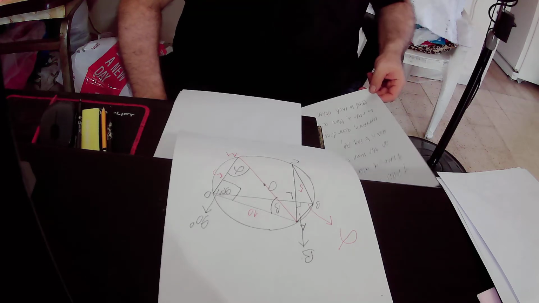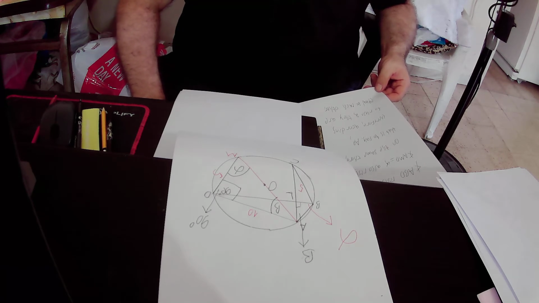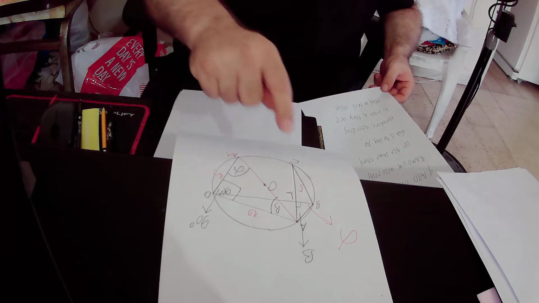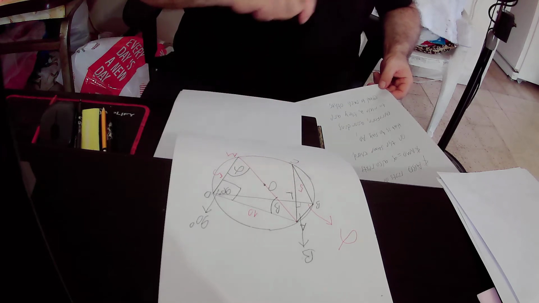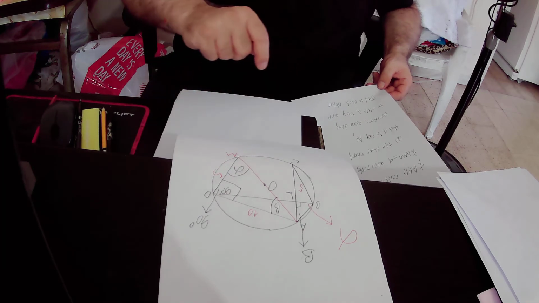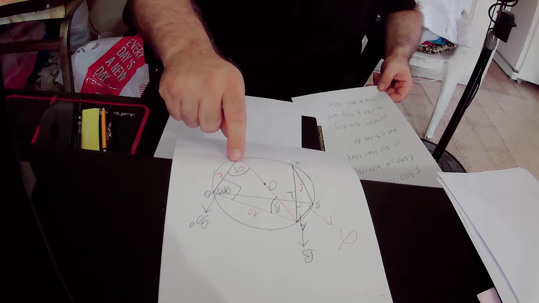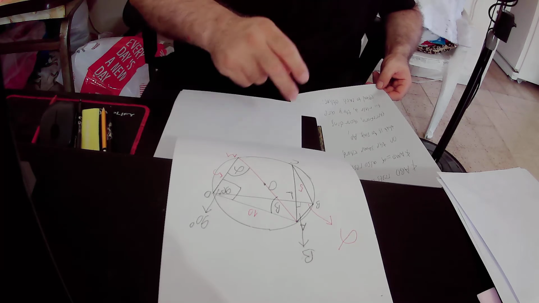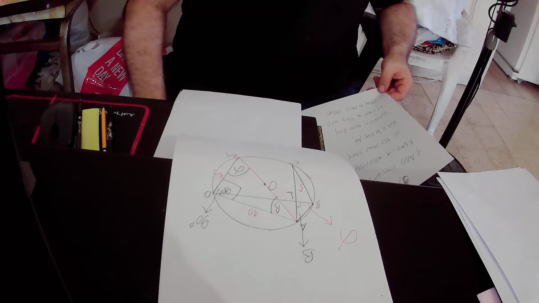So we can deduce from rule number 2 that angle ABD also equals alpha, because angle AMD equals alpha and rests on chord AD, and angle ABD rests on the same chord AD. Therefore, angle ABD equals angle AMD, that is alpha. Okay.